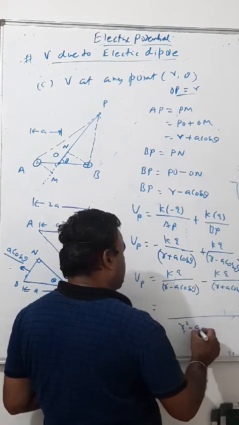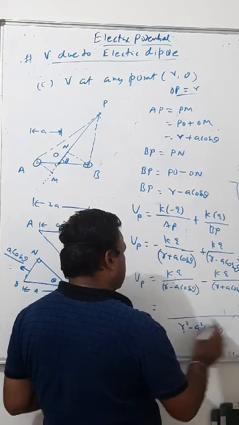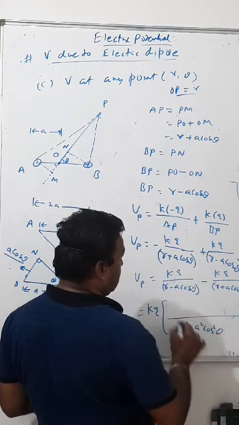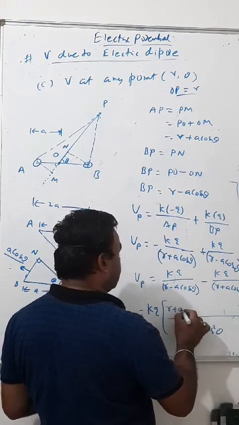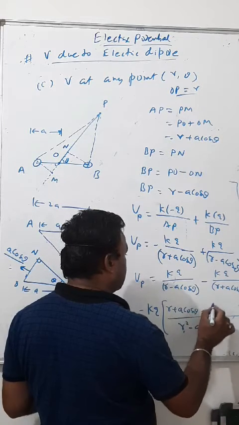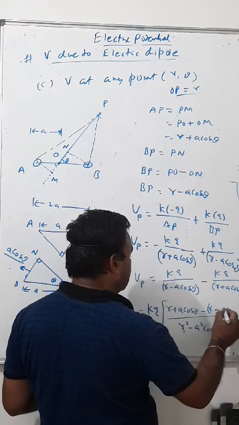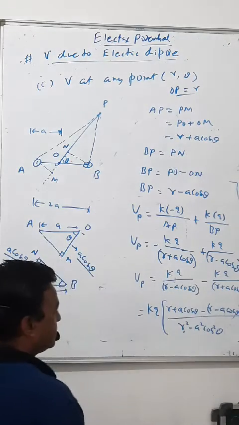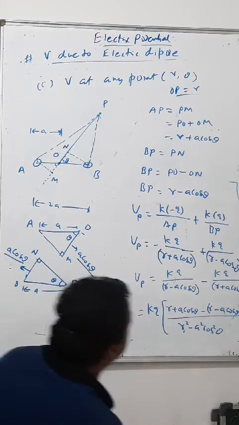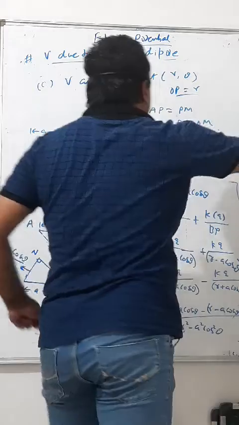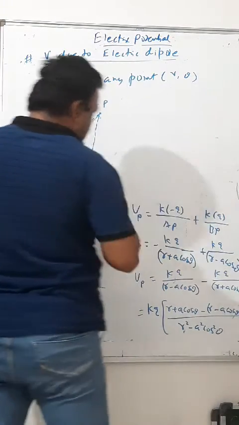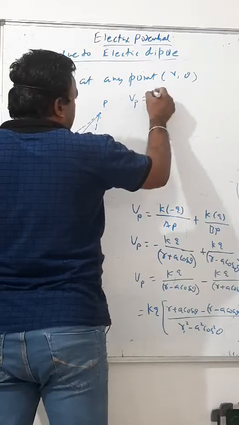LCM R square minus A square cos square theta, and here I have KQ common, then here I have R plus A cos theta minus R minus A cos theta. Right?